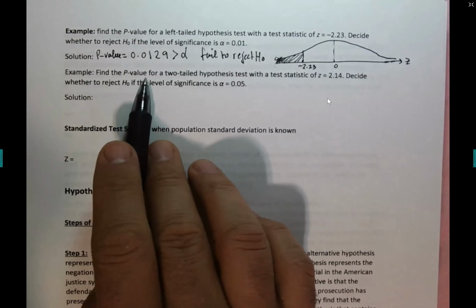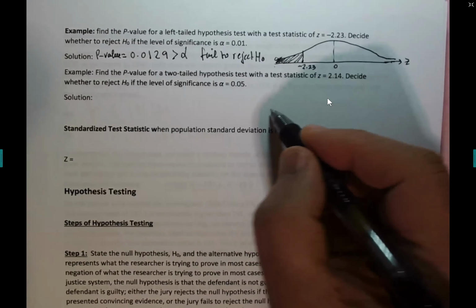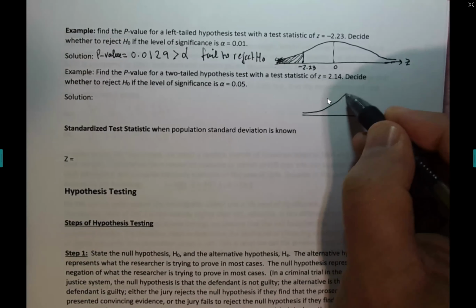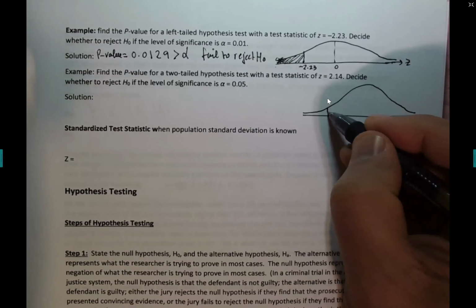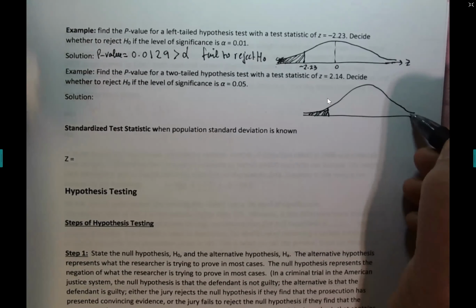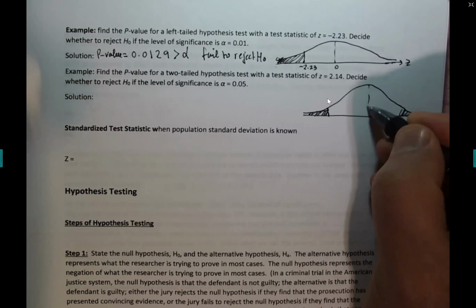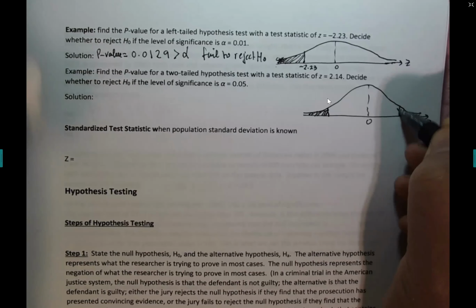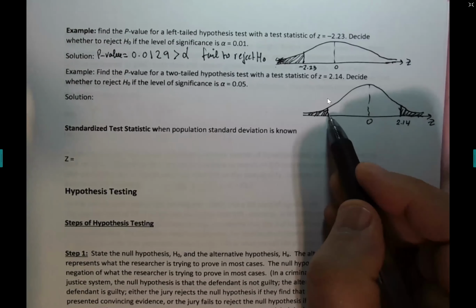Find the p-value for a two-tailed test with a test statistic of 2.14. Let me show you how to find the p-value by hand. With the z-test, you can get it, but this is a two-tailed test, so you're going to have two tails. This is the 0 here. This is the 2.14, and the other z will be the total opposite, negative 2.14.